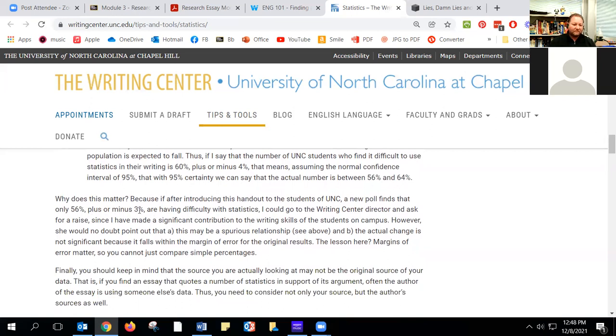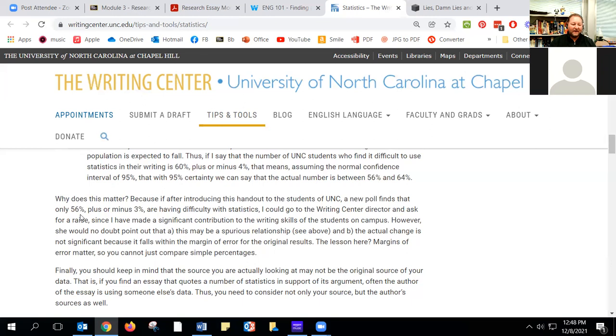So if after introducing this handout to the students of UNC, a new poll finds that only 56% plus or minus 3% are having difficulty with stats, right? So I could go to the writing center director and ask for a raise, since I have made a significant contribution to the writing skills of the students on campus.